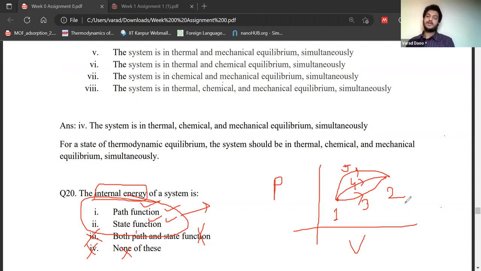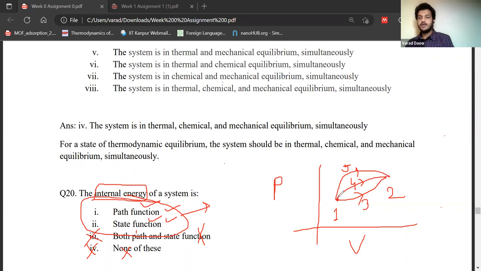So I will give you a hint: what are those properties which do not depend on path? Those are called what? And those that depend on path, that means path functions, are the functions or properties which depend on the way we take, right?